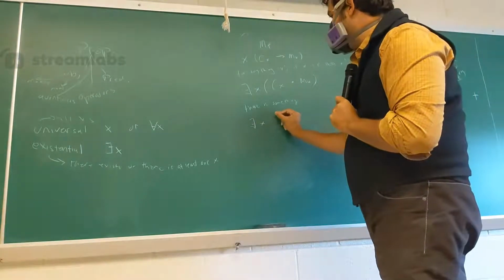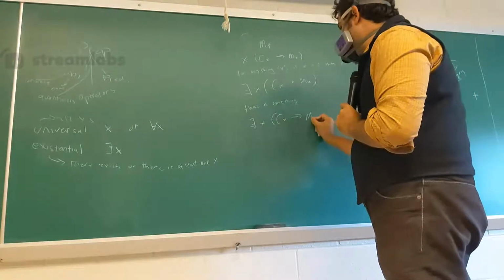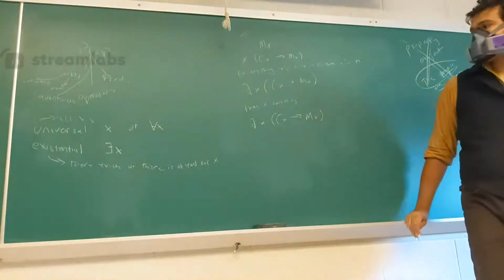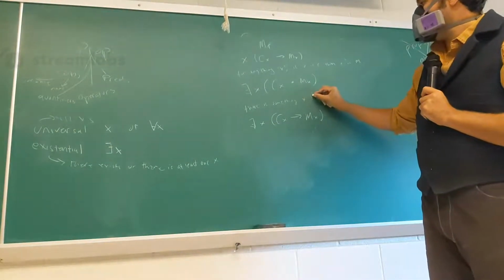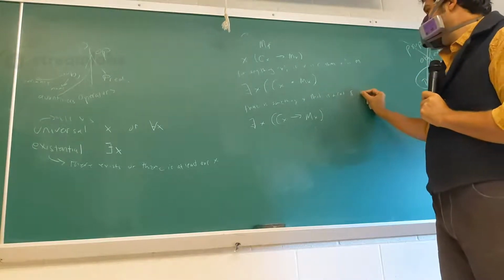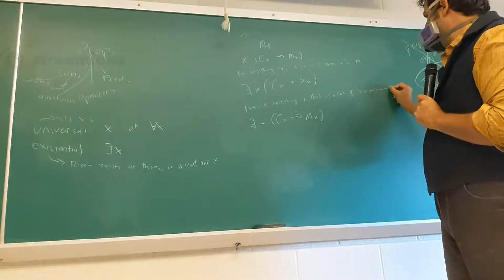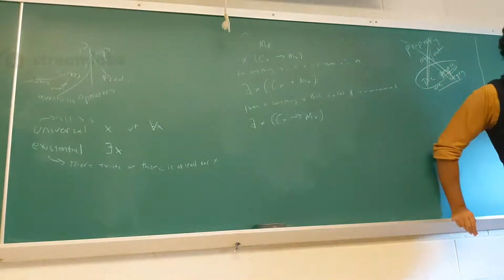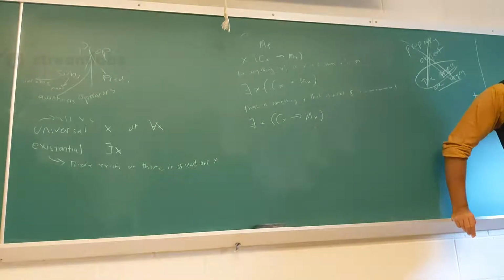What would this say? There exists a thing, X. If this thing exists, it has the property of C, it has the property of Good, yeah.